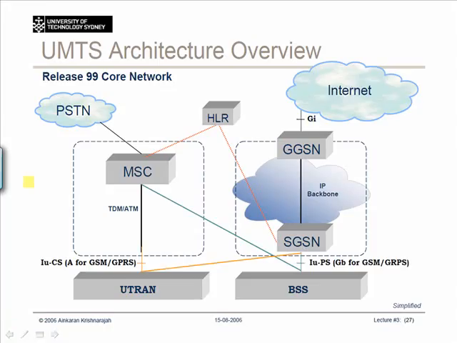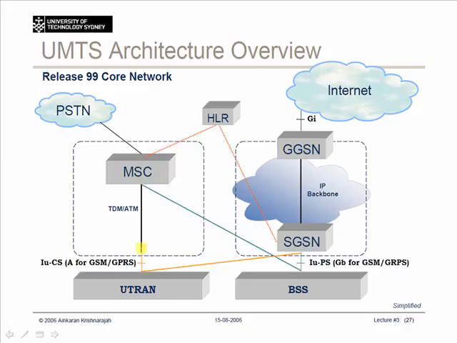Now, in the core network, this is a very simplified diagram. The diagram that I drew for you earlier is more complex, but in this diagram we see that the core network has a circuit switch part and a packet switch part. The packet switch part essentially consists of an SGSN and a GGSN, but we know that a number of other network elements are also involved here.